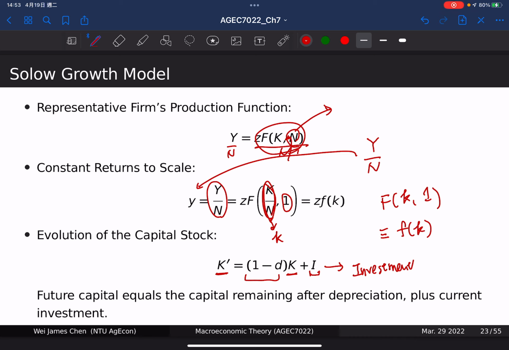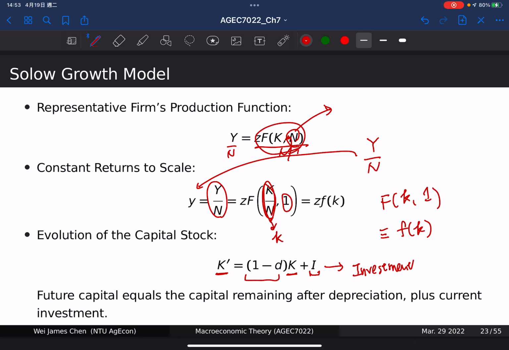And the usual term investment, when most other people who didn't study economics talk about it, they mean something like the stock market, or even the foreign exchange market. You invest in U.S. dollars and hope for a return in the future. But in economics, when we talk about investment, we mean this kind of real investment.